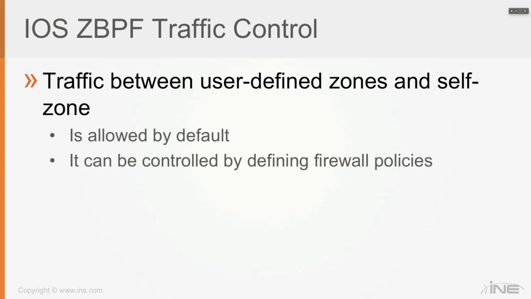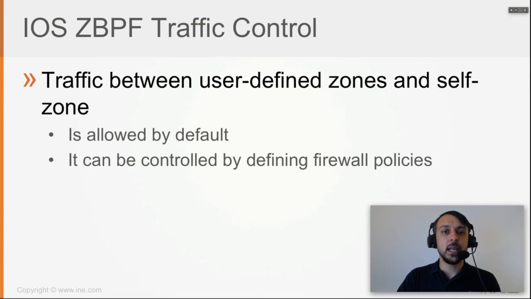Now let's see what ends up happening from the traffic control point of view. So traffic between the user-defined zones and the self zone is allowed by default. Of course it can be controlled by defining firewall policies.